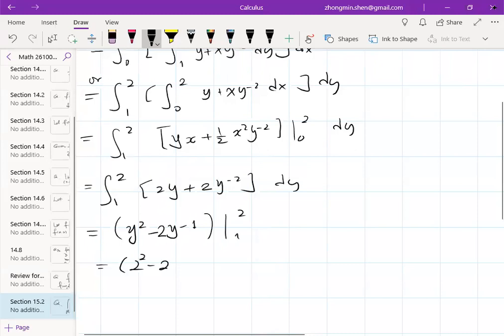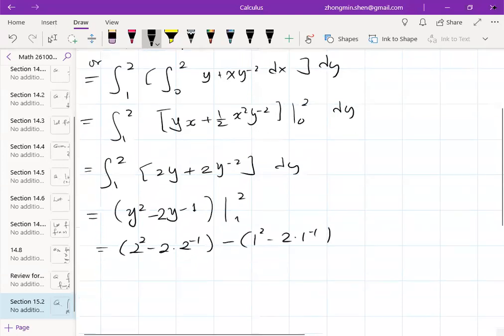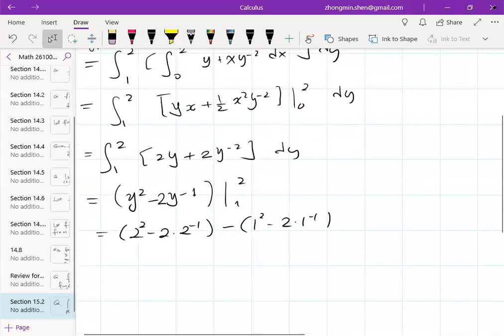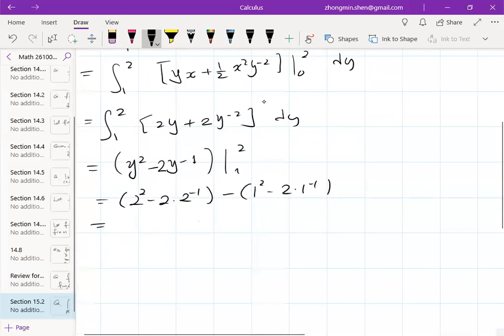That's 2 squared minus 2 times 2 to the negative 1, minus 1 squared minus 2 times 1 to the negative 1. Let's calculate carefully. The first one is 4 minus 1, which is 3. The second one is negative 1, so the answer is 4. That is the answer.